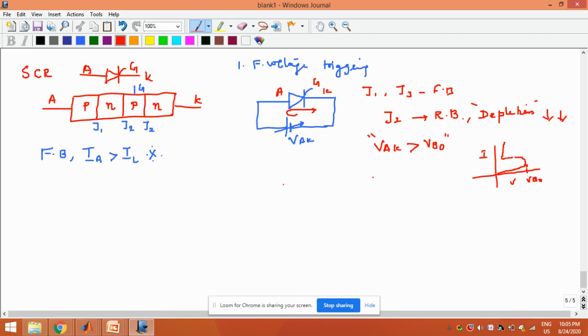But it is always not advisable to make the SCR transition from breakover to conducting state, because every time you need to bring this voltage VAK nearer to your breakover voltage, and damage is possible.